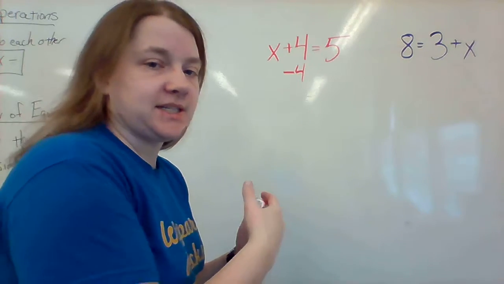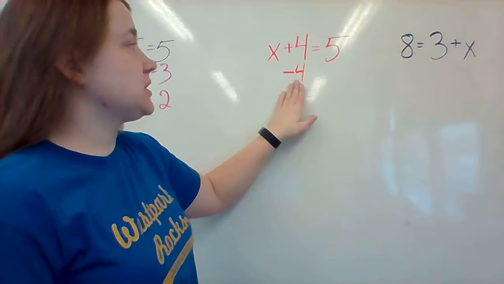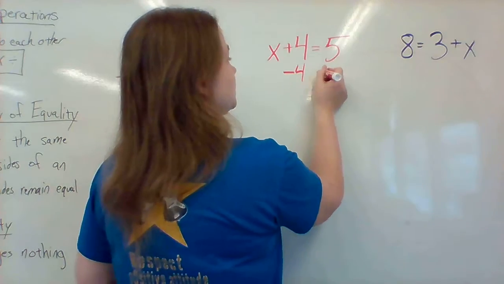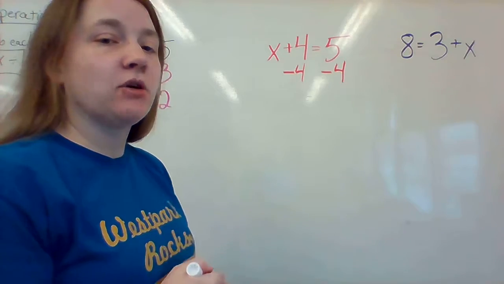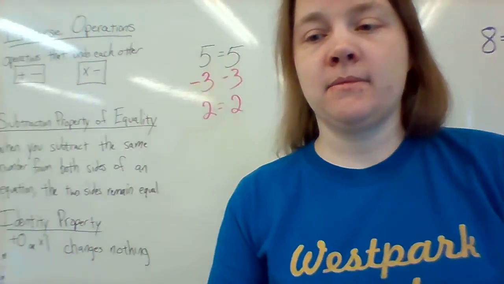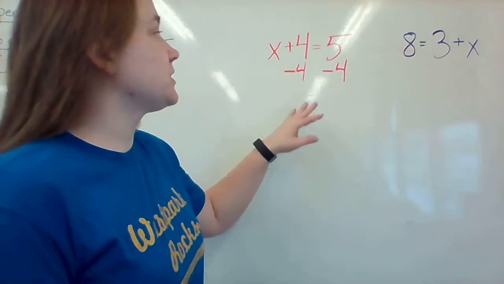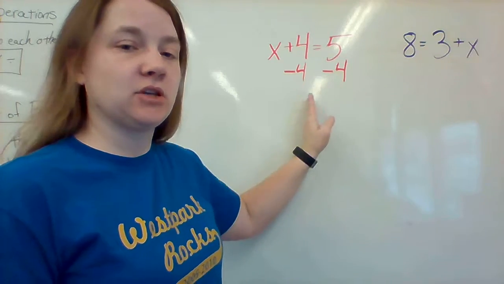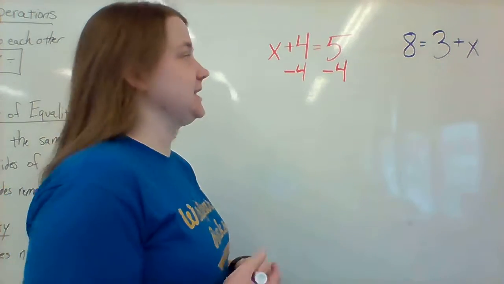Whatever I do to one side, I have to do to the other. So I have a minus 4 on this side, so I have to go to the other side of the equation and also subtract 4 from that side. That's going to be using my subtraction property of equality in order to make sure that both sides of this equation are still going to be equal to each other so I can actually figure out what x is.